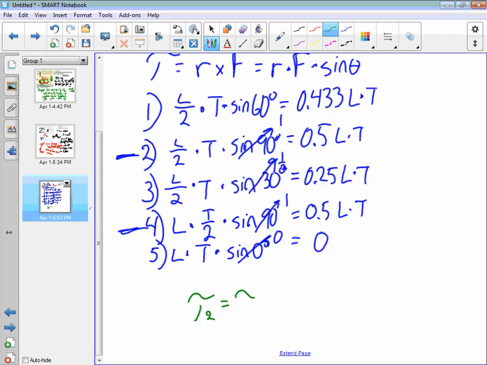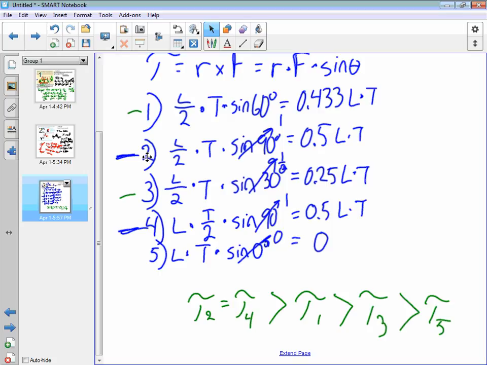Tau 2 equals tau 4, both of which are greater than the next biggest, tau 1, or torque 1, which is greater than tau 3, that was only 1/4 LT, which is greater than tau 5, which was nothing. So that's the order of the torques.